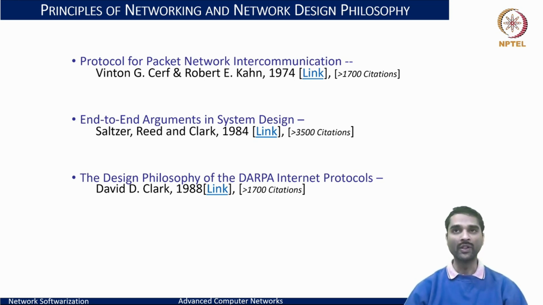And as a result of these, what we now have as the Internet is not a centralized entity, but a decentralized and distributed collection of networks. Across all these works, what we also see in common is that in the design of the Internet, the most important emphasis has been on simplicity preferred over complexity.